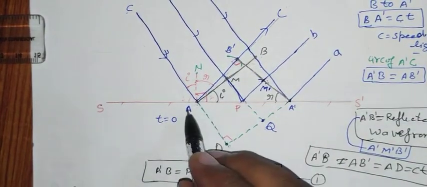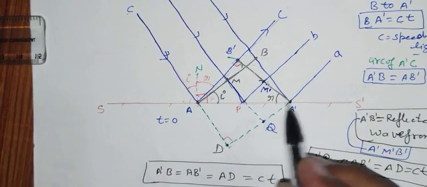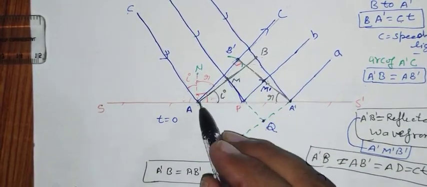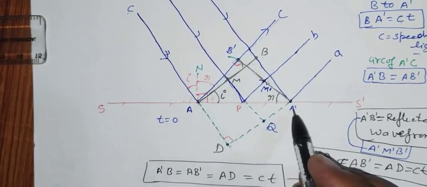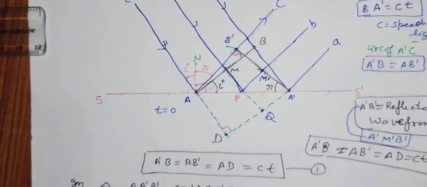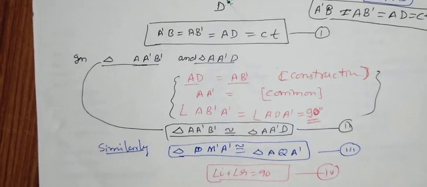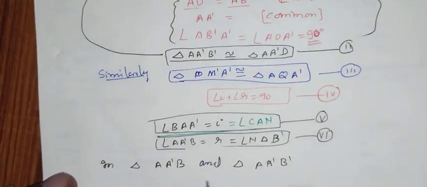In this we see A' is common and AB is equal to A'B'. Here see what is common in these triangles which we are going to see.